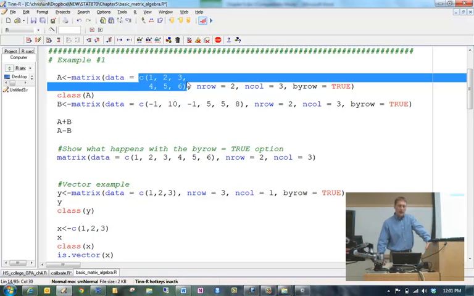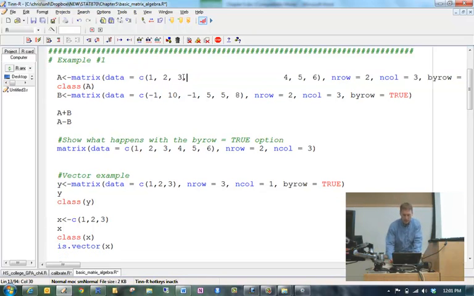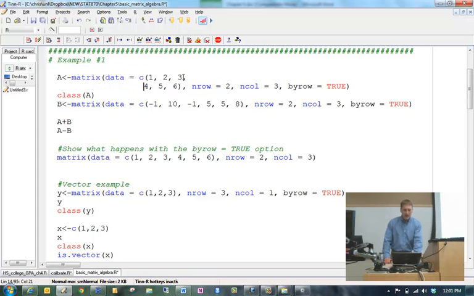I could have done it like this as well, but I purposely hit enter here and lined them up just to help me see the elements of the matrix better. That's all. I specify the number of rows that I have, 2, the number of columns, 3, and the last part's critical: byrow equals TRUE.